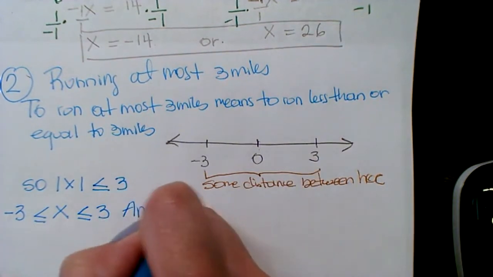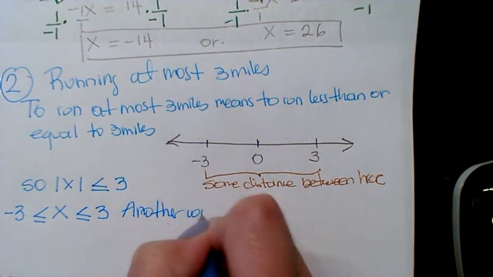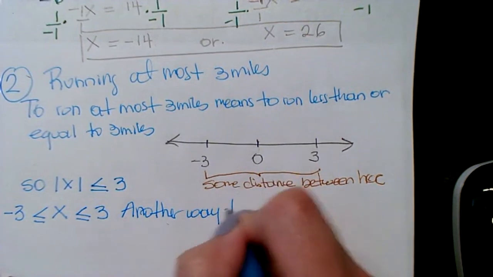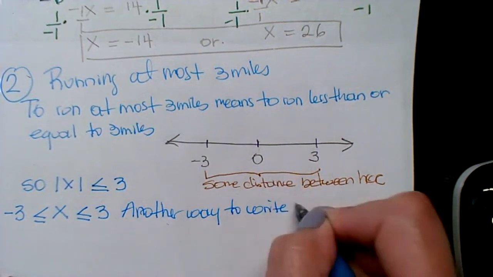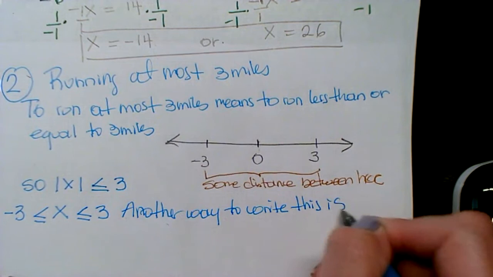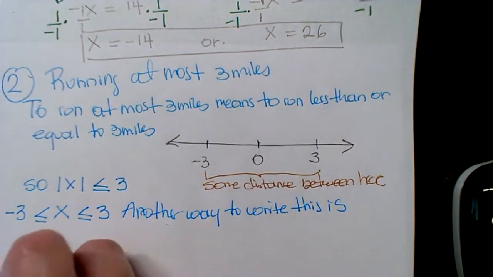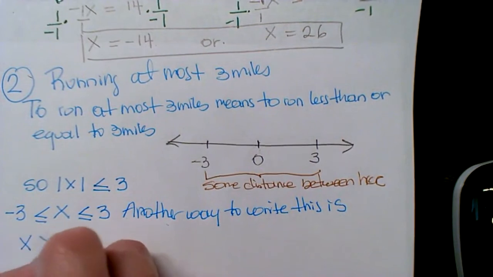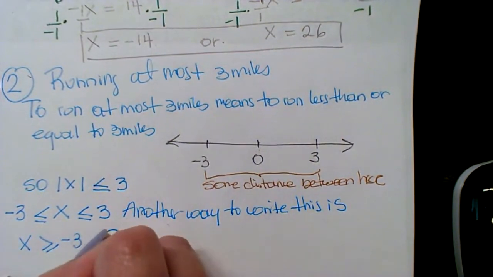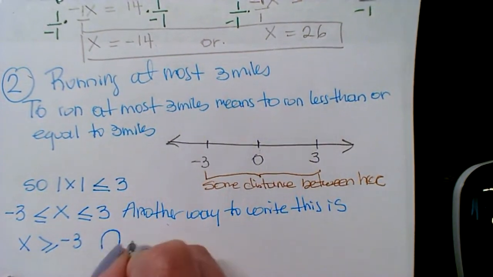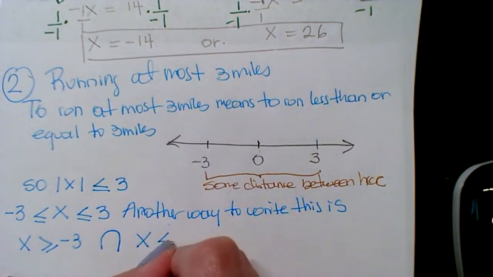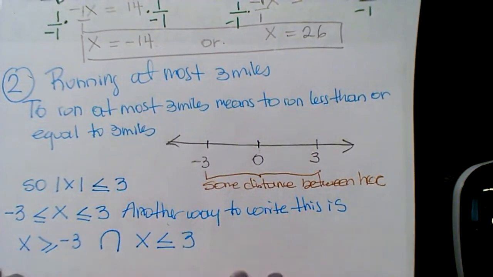Another way to write it is x greater than or equal to negative 3, intersection with x less than or equal to 3.